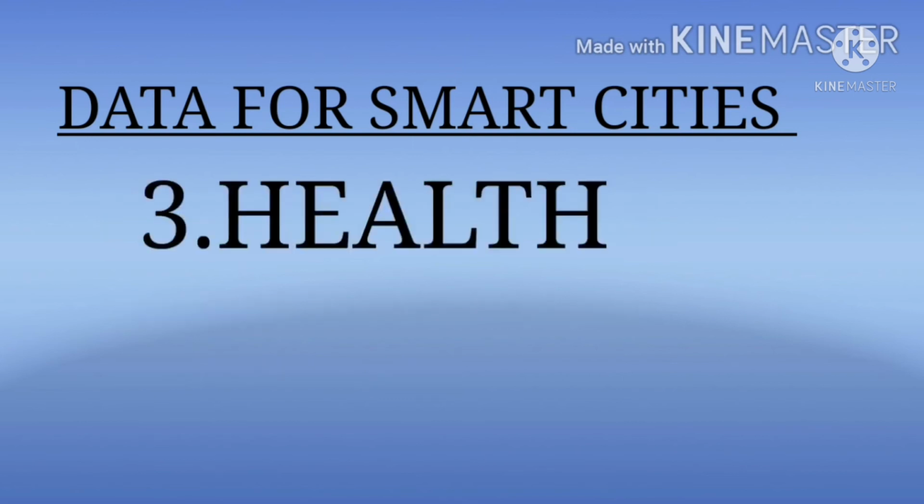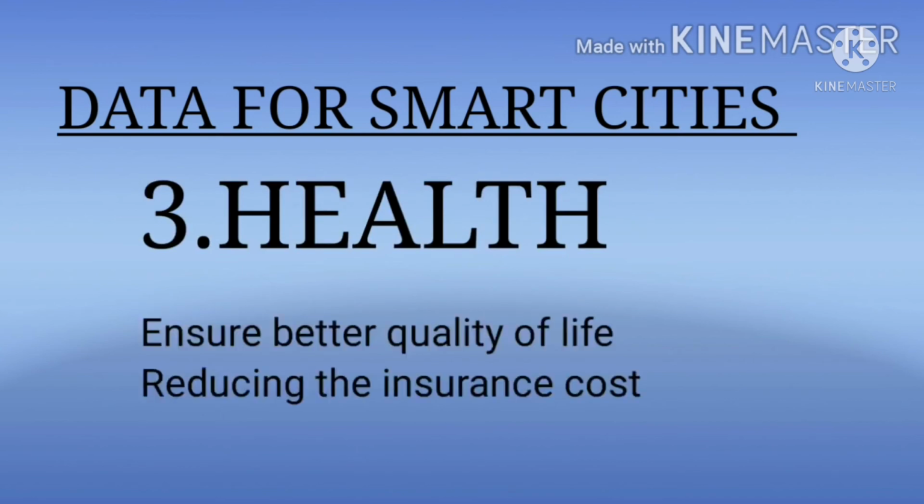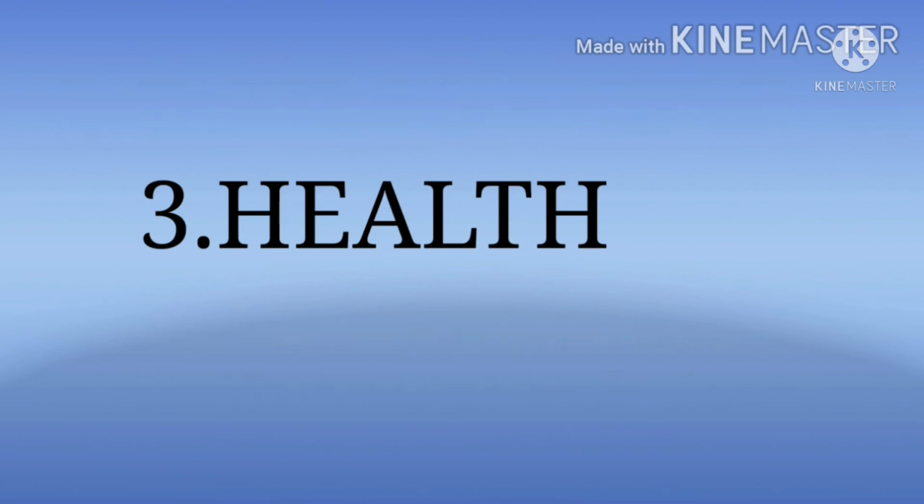The data used in monitoring health can be provided to doctors or hospitals, which can ensure better quality of life for any person who is not well. If a device is keeping track of whatever you are eating, doing, or whatever diseases you are suffering from, that data can be provided to the doctors or hospitals so that it can ensure a better life.